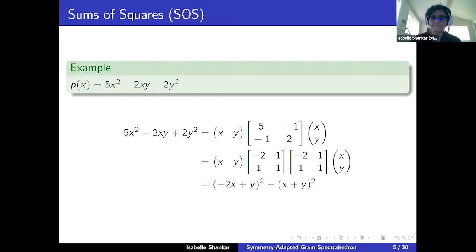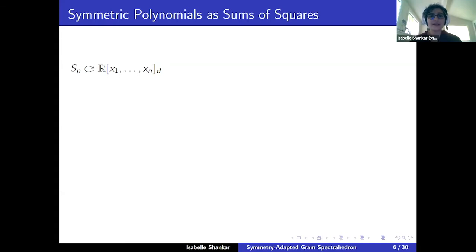Cool. Okay, well, let me move on to symmetric polynomials. So there's some representation theory working in the background here that I don't really want to go into for the whole talk, but there's going to be some in the background, so just be aware of that. We're going to start. I have a symmetric polynomial, and it's homogeneous and of degree 2D.